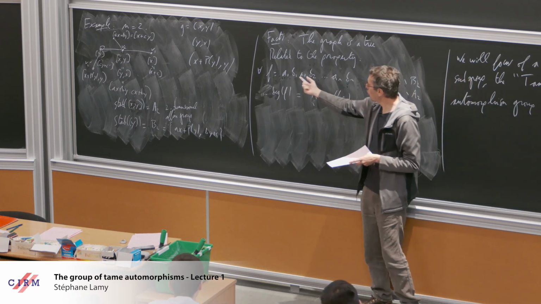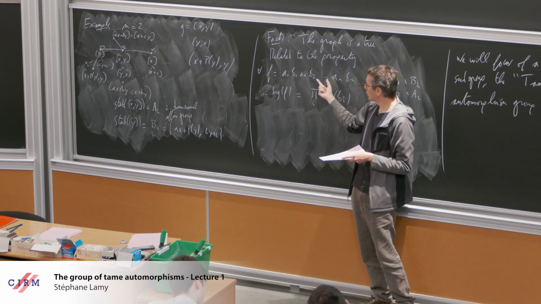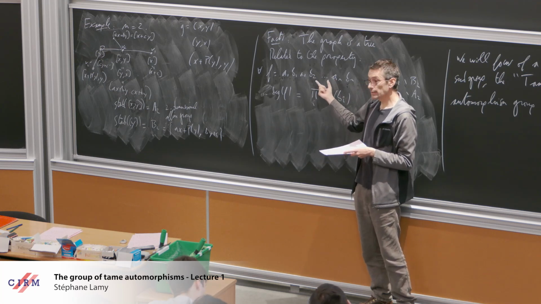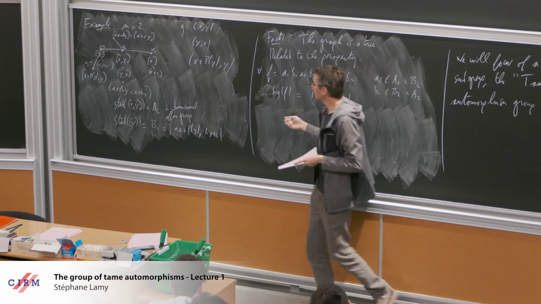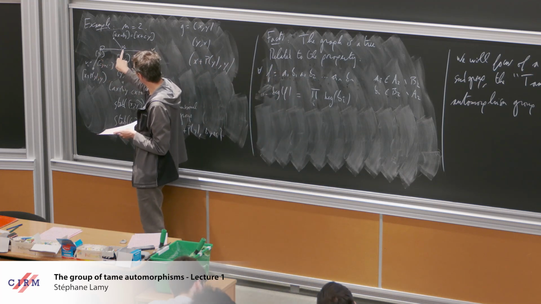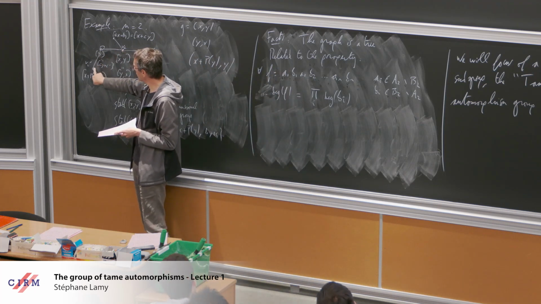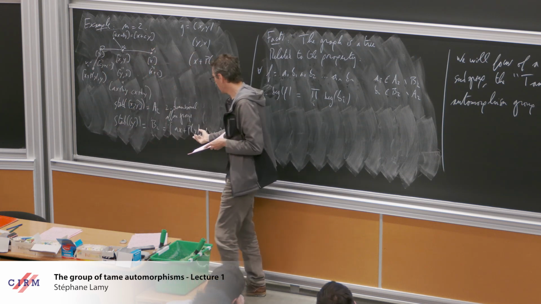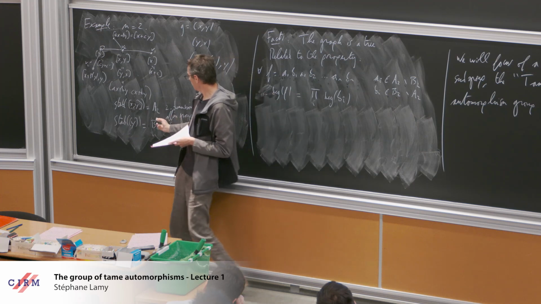So the fact that when you compose such a map, the degree grows, means it cannot be the identity. It means exactly that when you move in your graph, so when you go from one vertex to a distance 2, what you do is multiplication by an elementary map and an affine map.